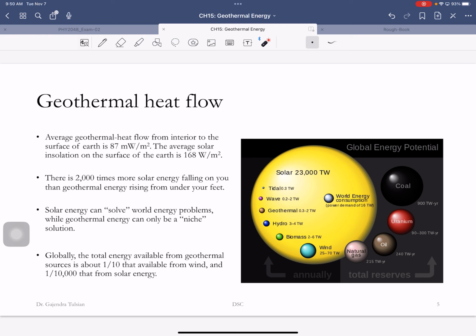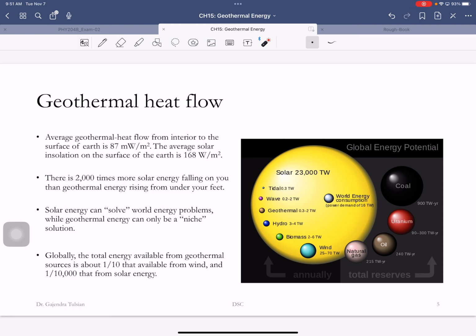So again, geothermal won't pay the mortgage. The average geothermal heat flow from the interior to the surface is 87 milliwatts per square meter. For every square meter, the amount of heat rising is 87 milliwatts.